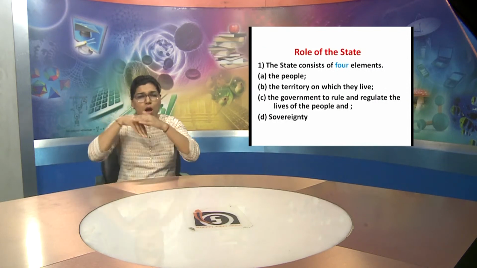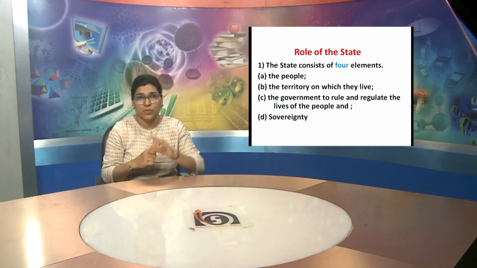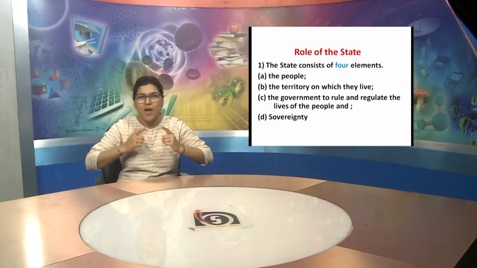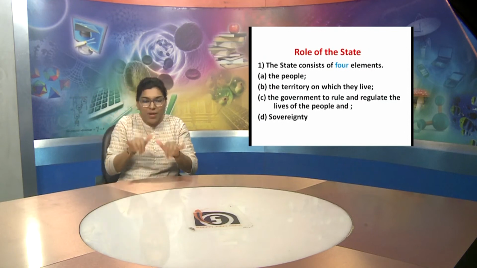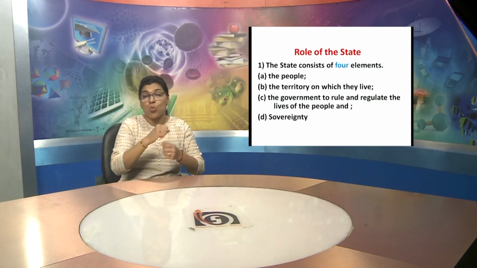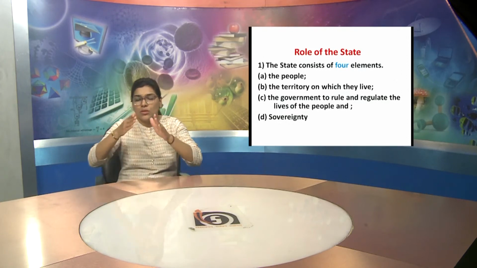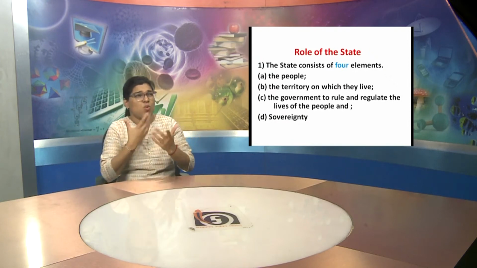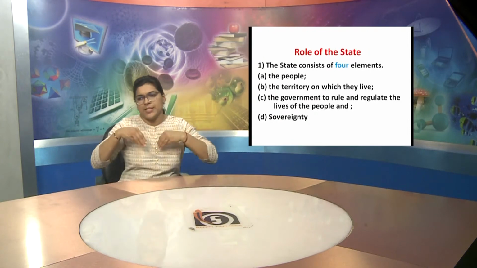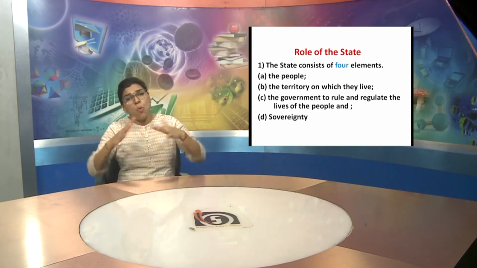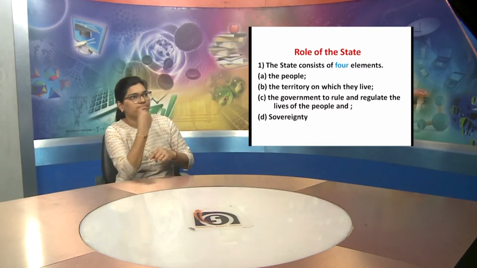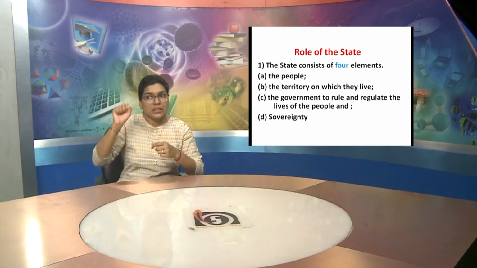Role of state. There are four main elements a state consists of. First is the people. Second, the territory on which they live. Third, the government to rule and regulate the life of the people.